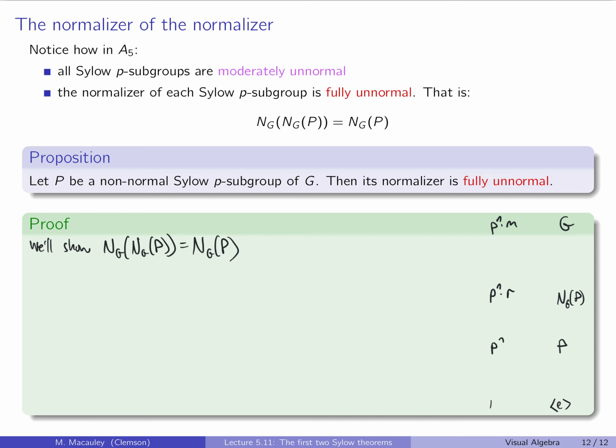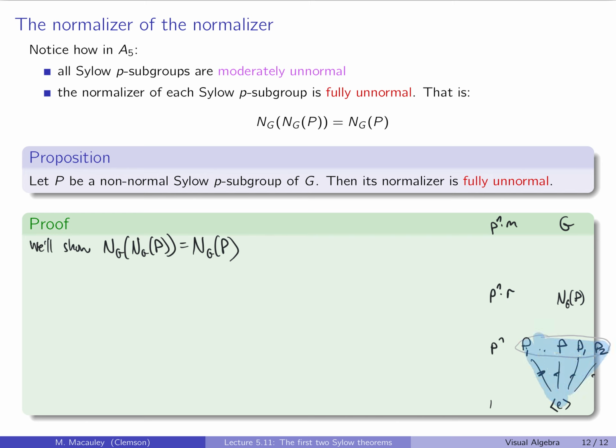Now, P is a Sylow p-subgroup in G, and it's a non-normal subgroup, which means in G there is some conjugacy class P1, P2, Pi, etc. There's a bunch of subgroups like this, and there will be intermediate subgroups as well, things right down there, etc. This is like the P group tower that I've been coloring.